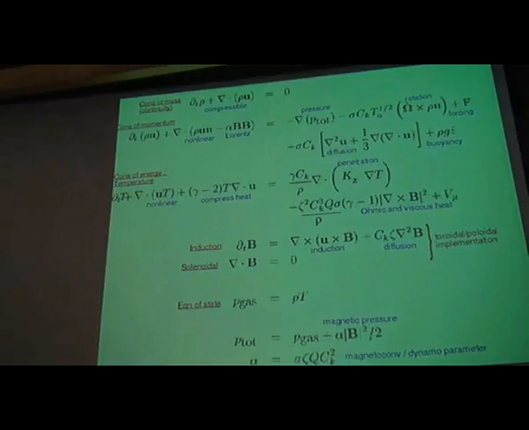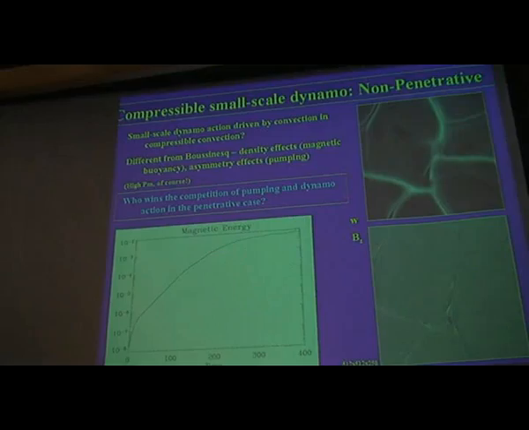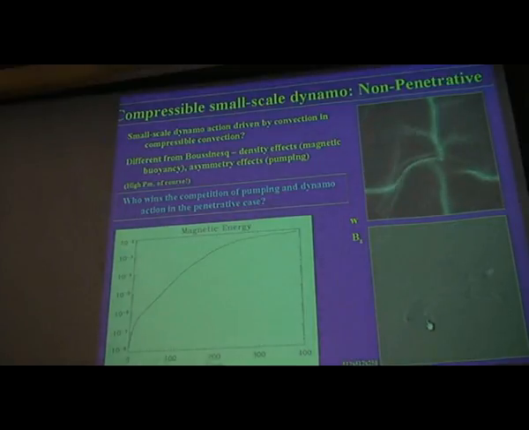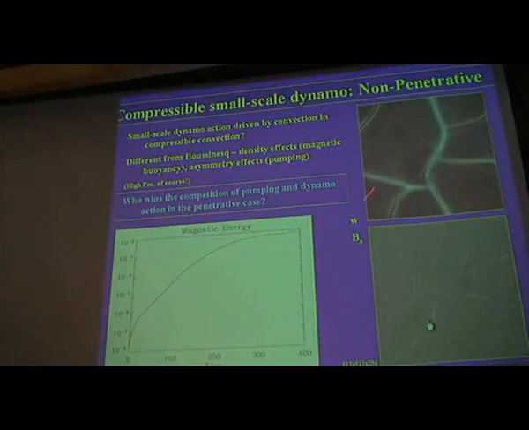I don't really want to get into details, but they're fully compressible, so you have a momentum equation, conservation of mass, an energy equation, the induction equation, and an equation of state. We do eventually manage to get to a regime. This is the non-penetrative dynamo, where this is the vertical velocity, and this is the magnetic field. So we do get a dynamo. And as you can see, despite the fact that we've done this at massive resolution, this is not very turbulent.